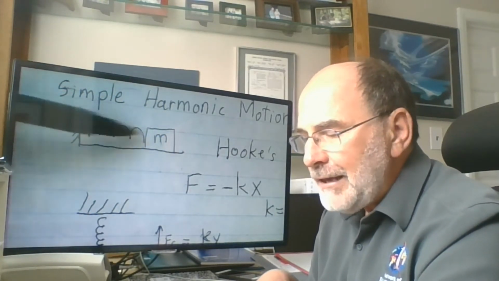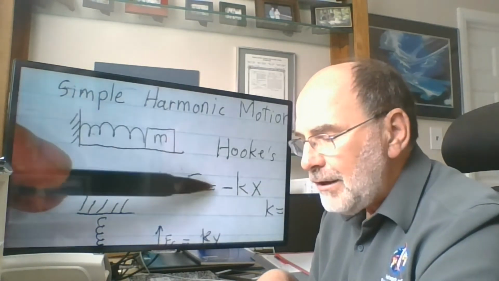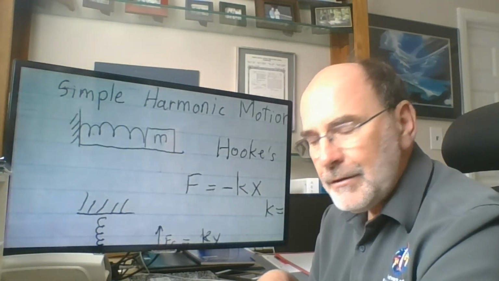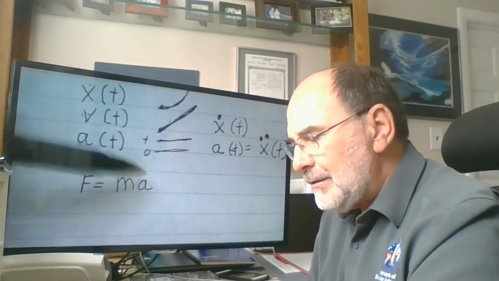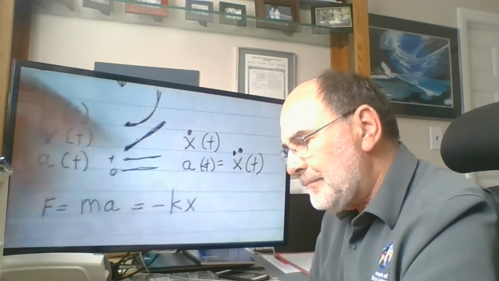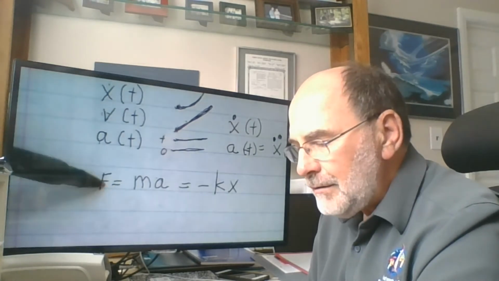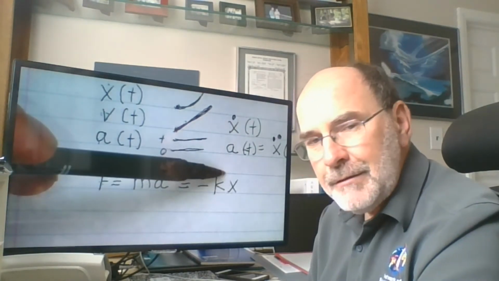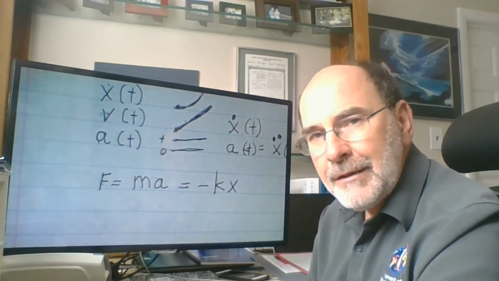And now the only net force acting on this mass on the spring is Hooke's law, F equals minus kx. So that means ma equals minus kx. By Newton's second law, the force of a spring is what is accelerating the mass at the end of that spring.